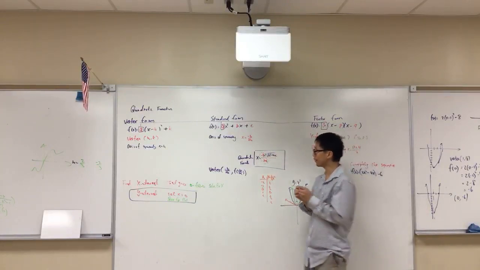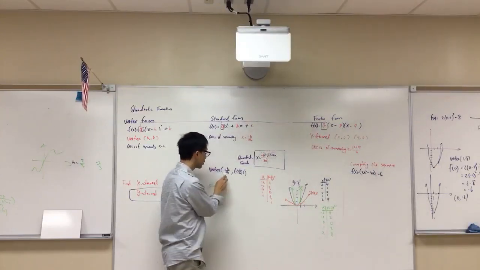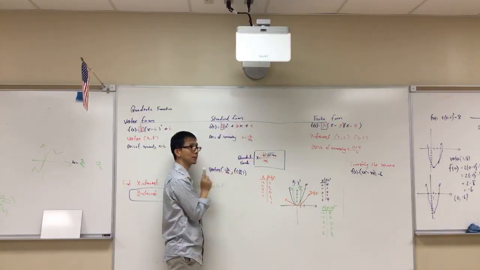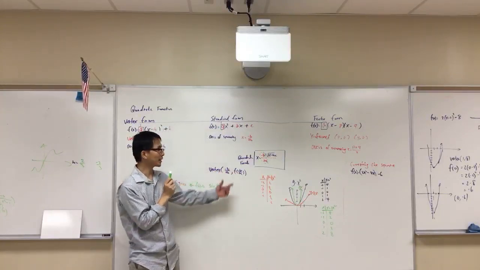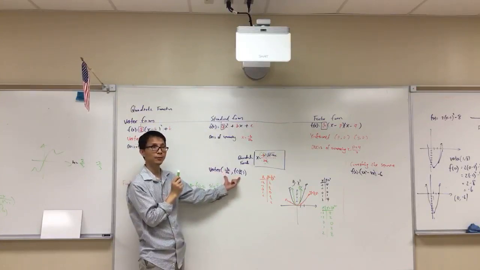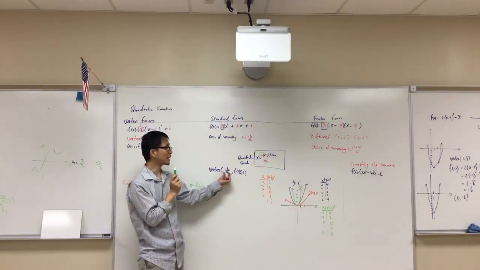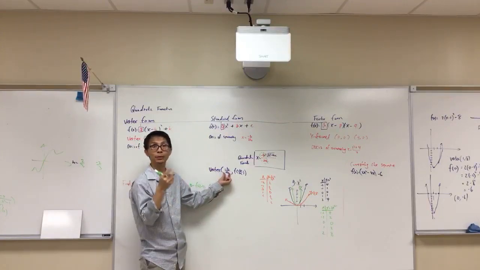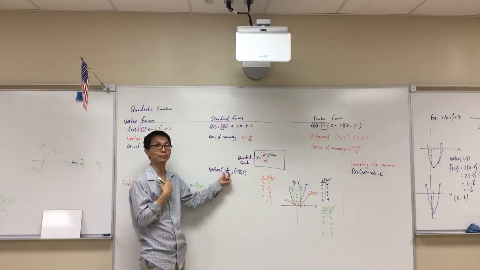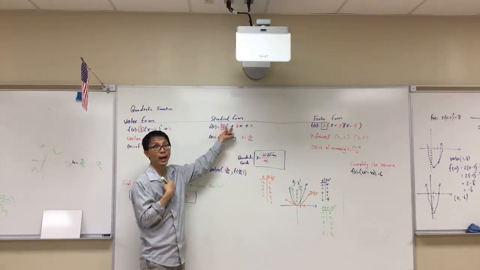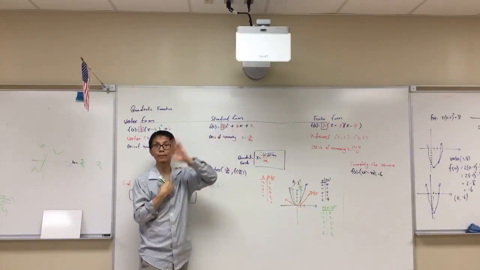Now, as far as this part, for you to understand, the vertex is located at negative b over 2a and f of negative b over 2a. A lot of you guys get confused about this part, but it's nothing to be confused about. It's actually pretty easy. Negative b over 2a is going to give you some value. For example, in number 2 over there, negative b over 2a is actually negative 5. Then you can plug negative 5 into the original equation for x, and you're going to get a y value.